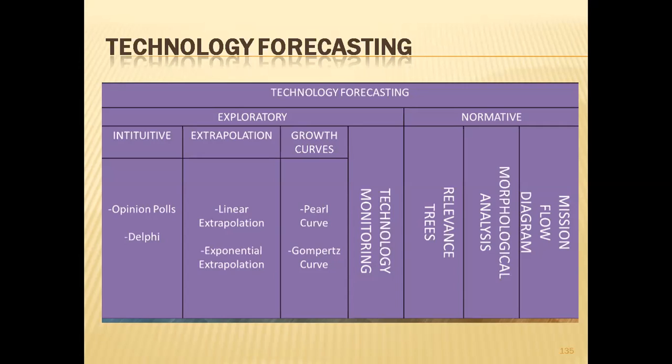Similarly, an advanced form is growth curves, such as the Pearl and Gompertz curves. One more important form is technology monitoring, which means scanning the technology. All these points we will cover in detail. For normative, they are basically flow diagrams: morphological analysis, relevance trees, and others. Today's class will study all these methods very briefly.